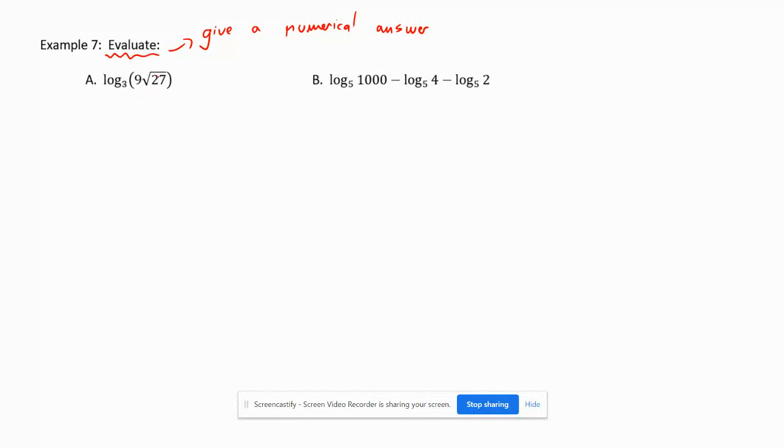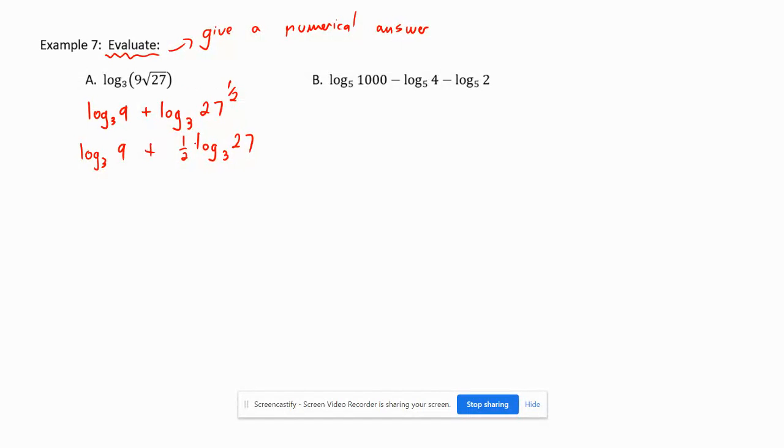This is 9 times the square root of 27. So using our product law, we can add these. And I'm going to make this 27 to the 1/2 at the same time. We know that this is log base 3 of 9 plus 1/2 log base 3 of 27.